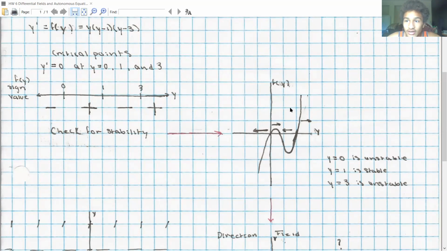A stable solution has integral curves on the directional field converge on it. It has converging values. For example, with y equals 1, the values of y will converge on this value, so it is a stable solution. Meanwhile, the values of y will diverge from y equals 0 and from y equals 3. These are unstable solutions, and that is with t going to infinity.